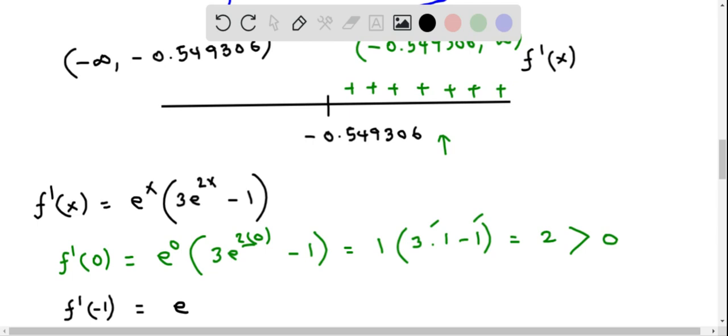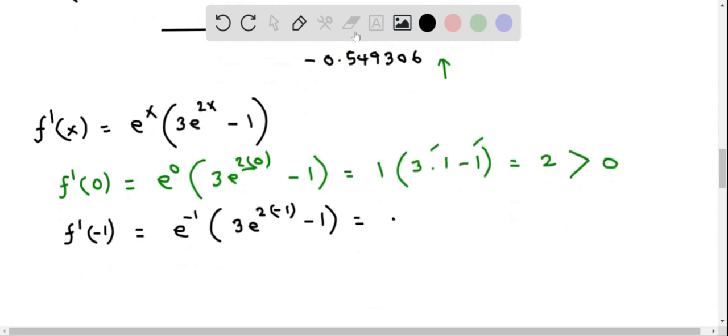This equals e raised to the power of negative 1 times 3e to the power of 2 times negative 1 minus 1. And so this equals, I can write this e power minus 1 as 1 by e times this one is e power negative 2, which equals 1 by e squared.